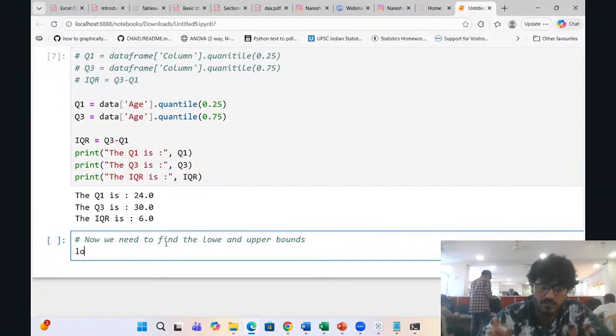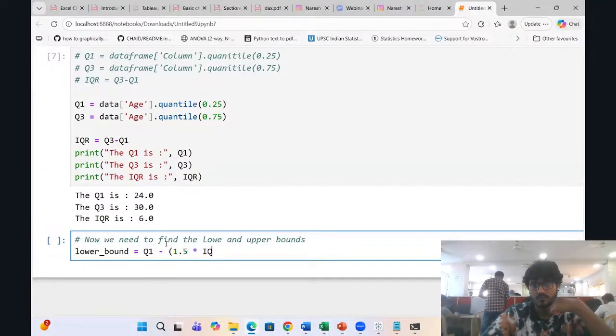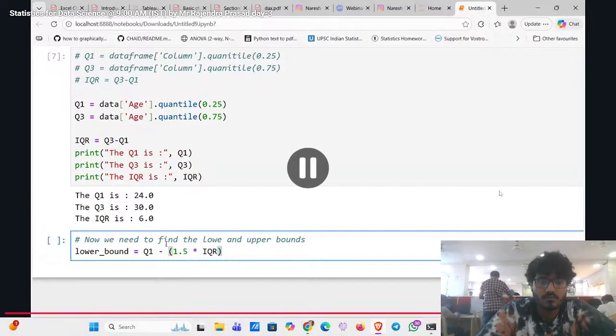How do you find the lower bound? Lower bound is equal to Q1 minus 1.5 into IQR. See guys, you know how the calculations will be done, BODMAS rule.